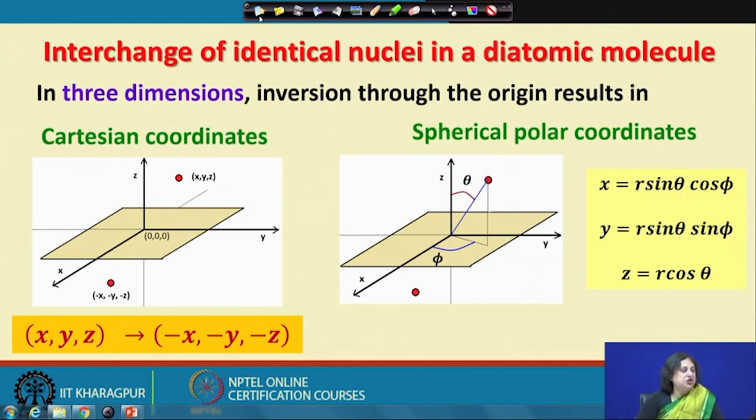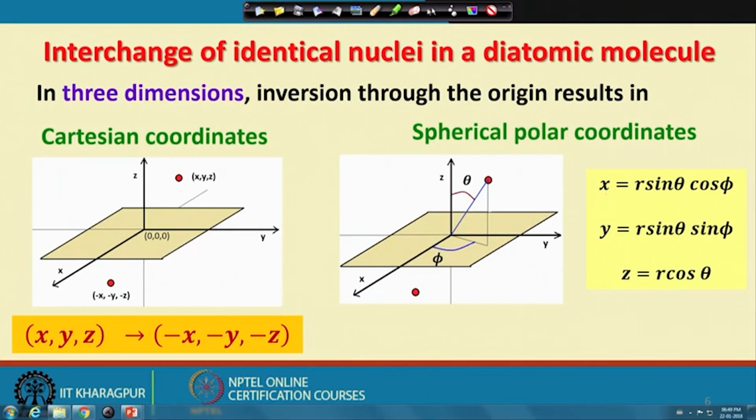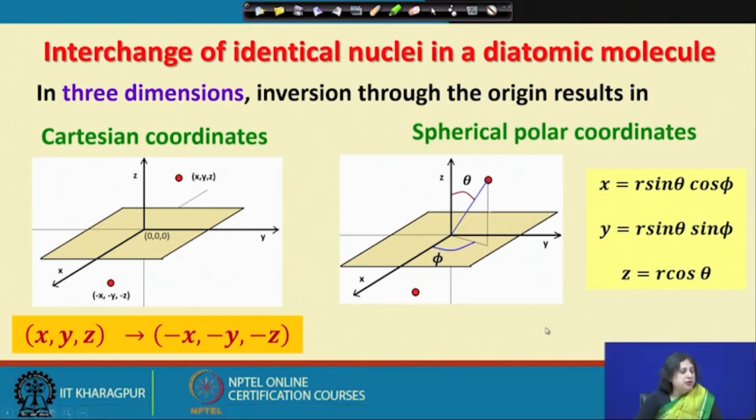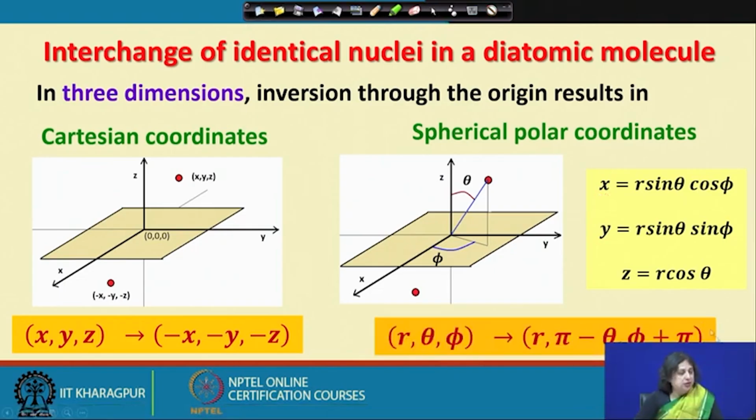Now, with this definition we understand that if we replace x by minus x, y by minus y and z by minus z, there are only certain relationships which are allowed for the new values r, theta prime and phi prime, and these values are given in terms of the changed numbers that I have noted here.